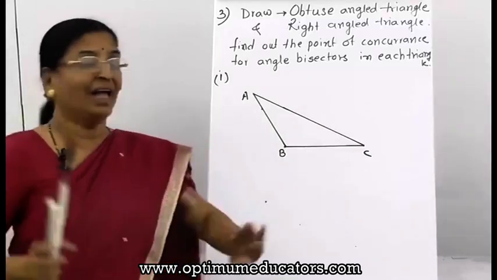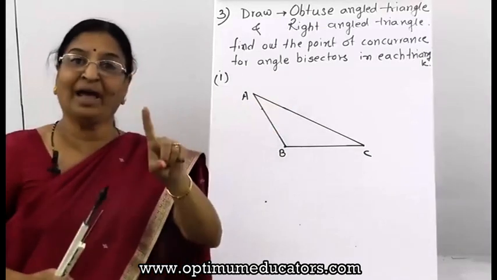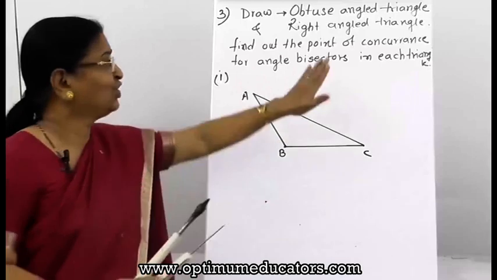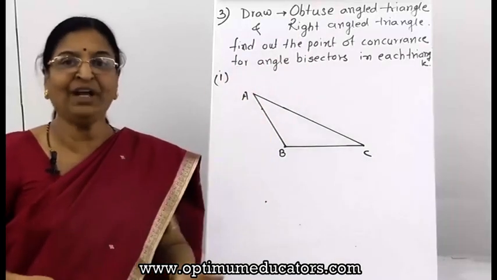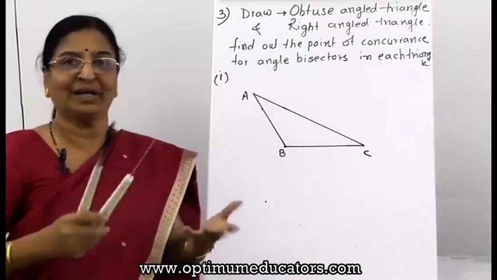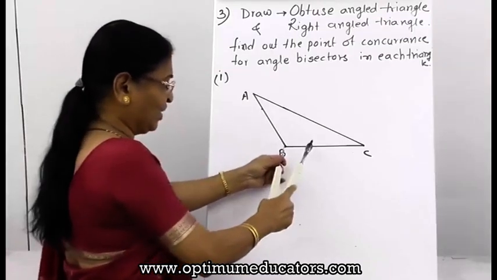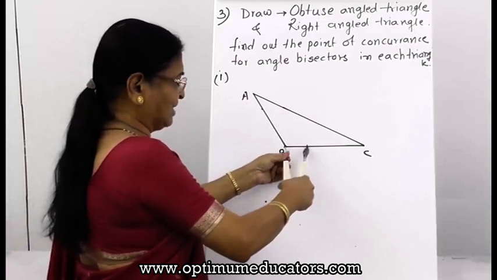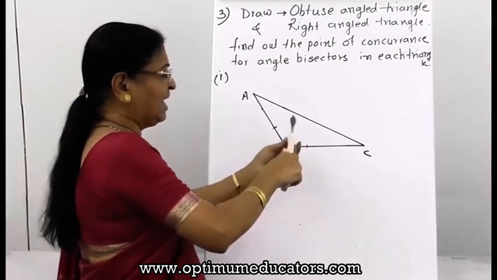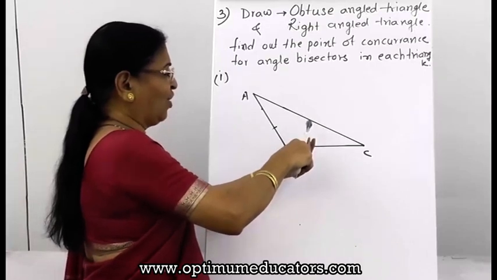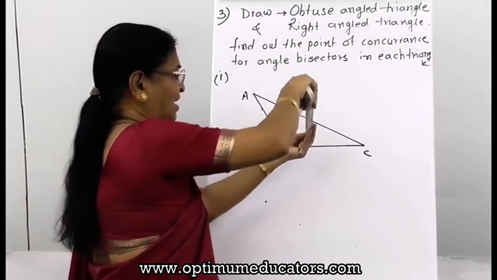See here, now only concentrate on one angle and don't go for the others, so that your angle bisectors will be perfect. And if they don't intersect, try to extend them so that they will intersect. See, take a very small distance and mark for the angle bisector of B. And here then you can draw the angle bisector again.